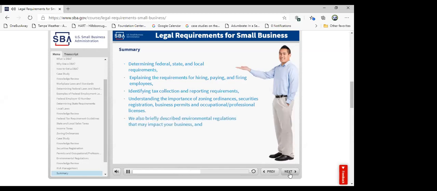We also briefly described environmental regulations that may impact your business and examined ways small business owners can manage legal risks. Remember that this has just been an overview of requirements. Detailed information is available from the sites and sources identified within the lesson. You can also find a wide variety of information and help at the SBA website.